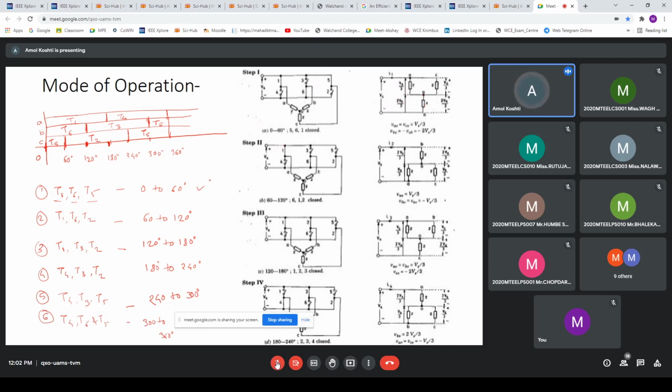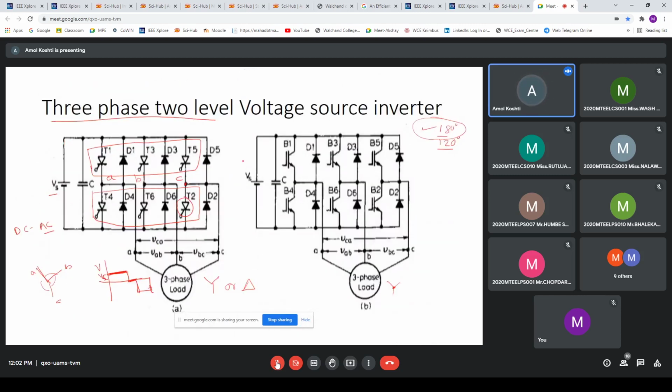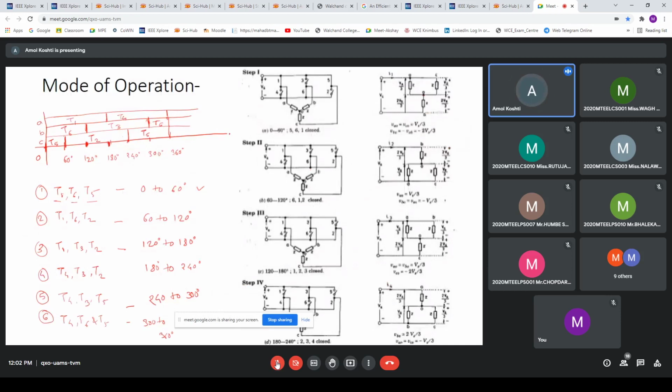Now to understand this, we have to draw this mode of operation. Initially, this is A phase.